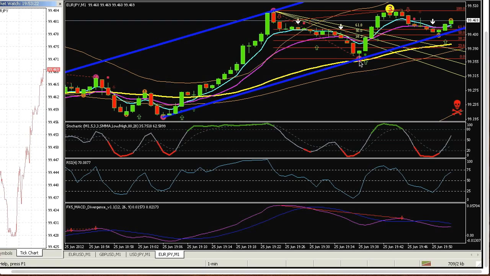There was this entry that I wanted to get. There was this one as well, right over here in this area when it hit the 100 level. Those were all potential entries that I would usually take, but as it was, I decided to just sit back, trade other currencies while watching this chart, because especially when you're trading something new, it doesn't react the same way that you're used to.